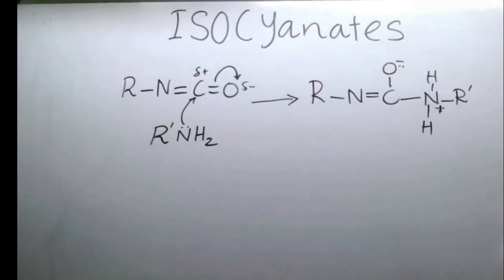Now this is the first step. So you can see it creates a cationic charge on the nitrogen atom. So we have to complete the next step.